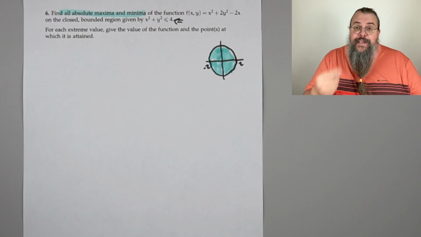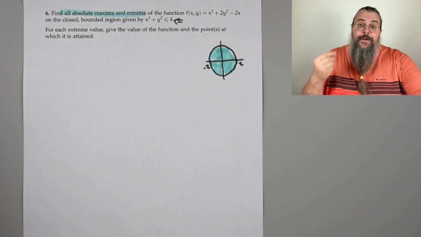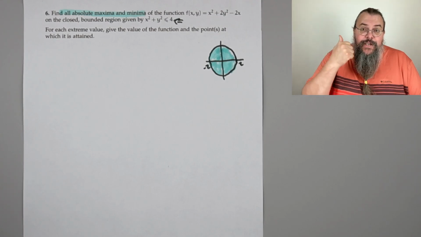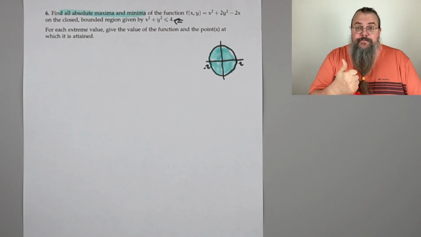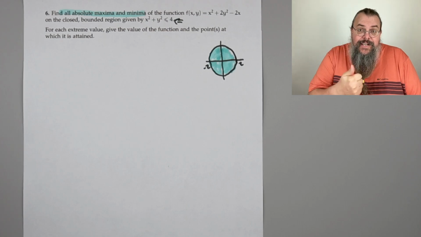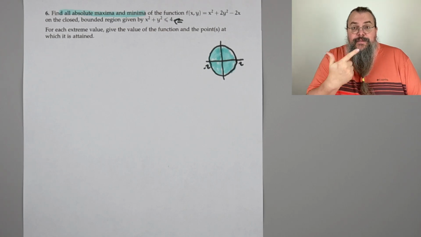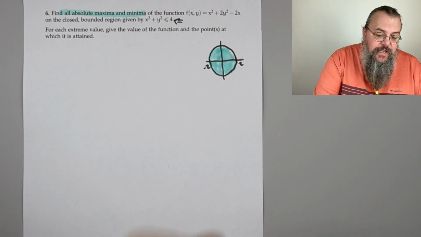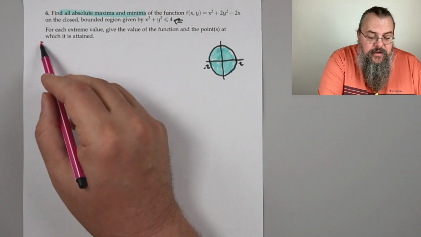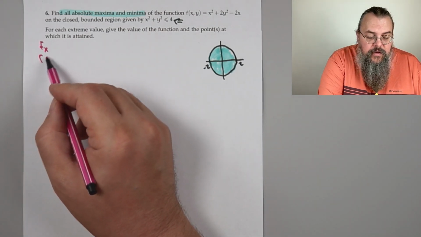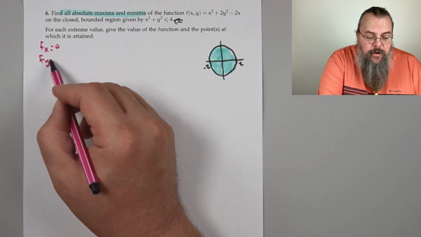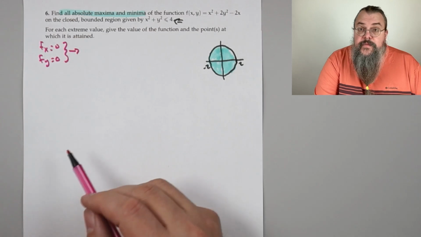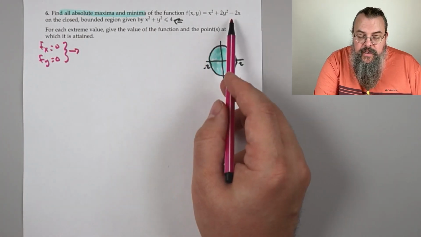Now, the make a list says, okay, where do we have the potential max and mins? You essentially say, look for critical points on the inside and look on the boundary. So let's start with the inside. For the inside, we're going to say fx equals 0, fy equals 0, and solve for points. Take the derivative of the function with respect to x.